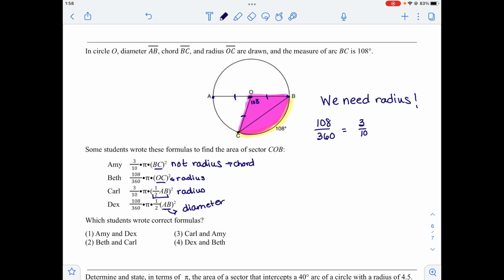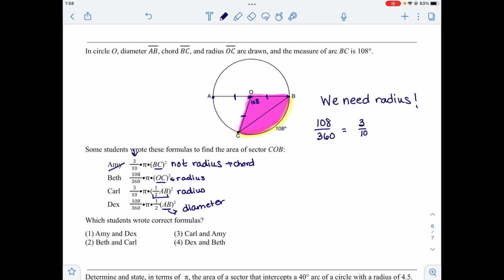So when we look at their different formulas, the first one with Amy, her BC is not the radius, and that's what we're looking for. I went ahead and found our 108 over 360 and know that it was 3/10. So the first part is right on all of them. So we're good with that. But she just has a chord. That is not what we need. We need the radius. So she is out.